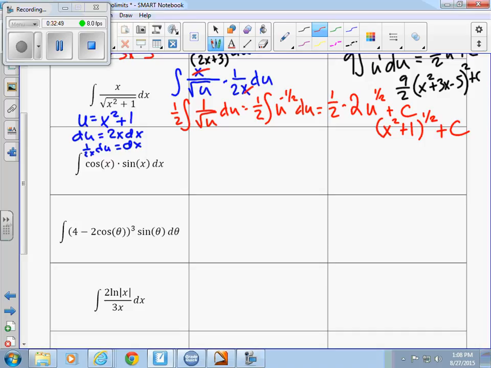Okay, what about cosine times sine? I would argue that it doesn't matter. Why? The derivative of sine is cosine, the derivative of cosine is negative sine. Work with a negative constant.